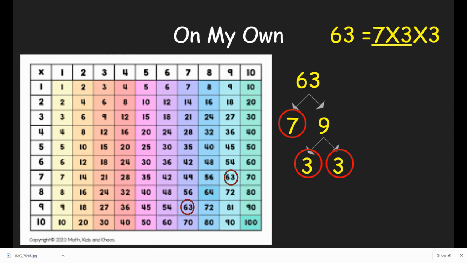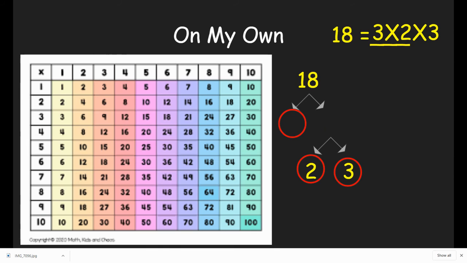Let's do more together. Let's do one more. Number 3, it says 18 equals blank. What 2 factors can we find on the chart that equals 18? What times what equals 18?